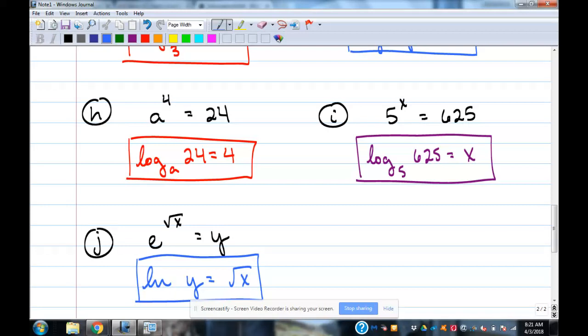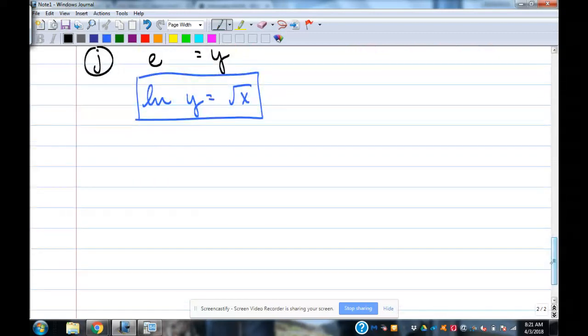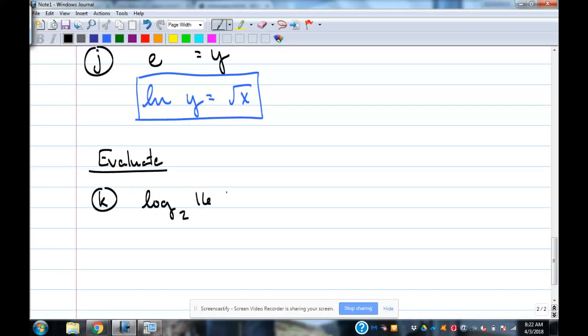All right. Now let's actually apply that to solving some equations, or evaluating some logarithms without a calculator. So let's take log base 2 of 16 equals x. All right.